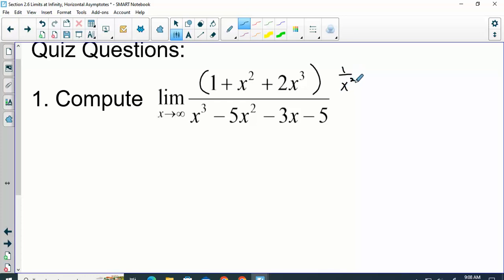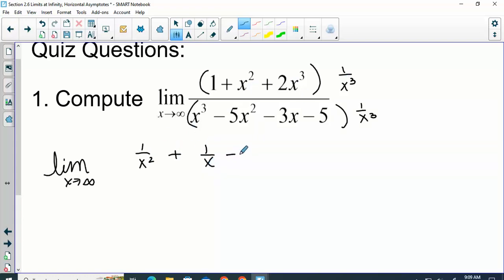Highest power of x is x cubed here. We have a limit as x approaches infinity. 1 over x cubed is still 1 over x cubed. x squared divided by x cubed, you cancel 2 x's, so you get a 1 over x. 2x cubed divided by x cubed would give us a 2.